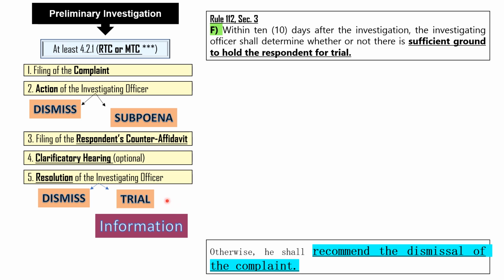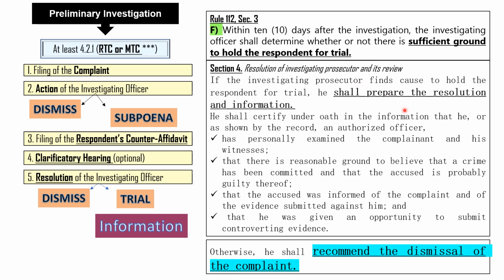So if this is his choice, hold the respondent for trial, what is he going to do next? He should prepare the resolution and information. That information is the one to be filed in the court.